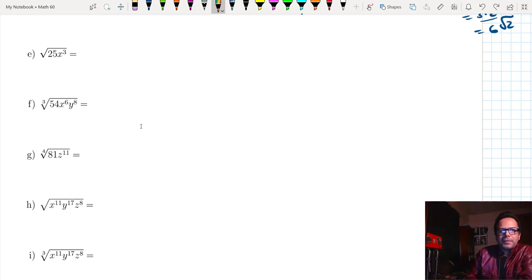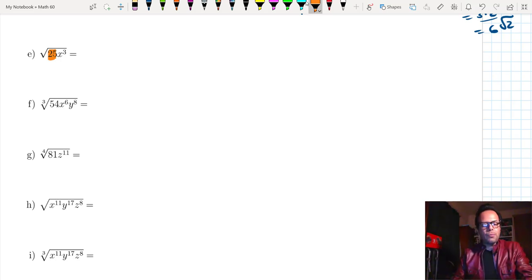Right off the bat, you may notice the number 25 right here is a perfect square, and you may want to evaluate it. That's fine, no problem. However, let me walk you through this one, so I can show you how to do a good organization of factors that are perfect squares, or perfect cubes, or perfect fours, etc. In this case, let's do one with perfect squares.